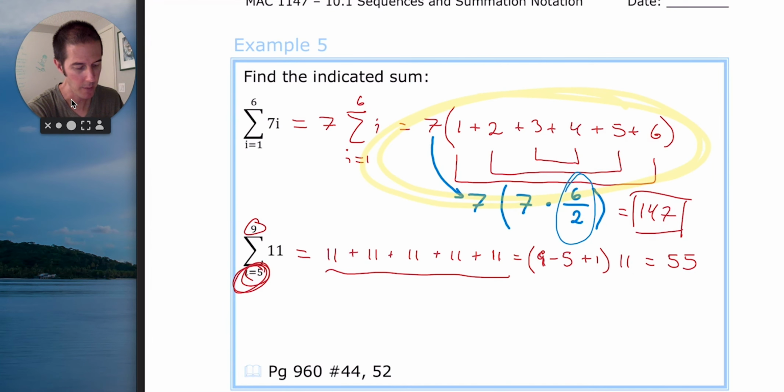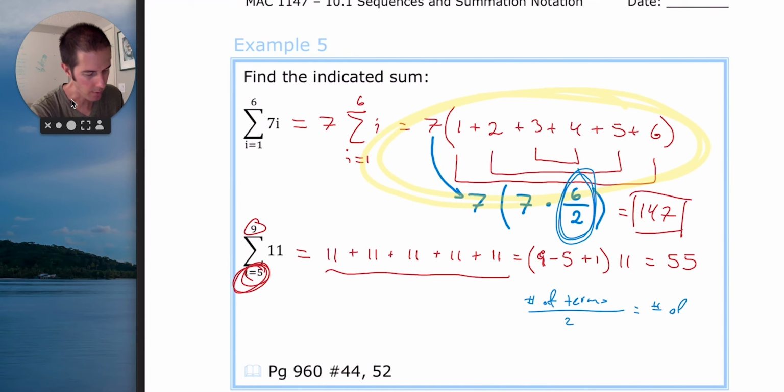So that ended up being a 3, right? Number of terms divided by 2 equals number of pairs. Ooh, I like that. I'm going to write that down. Number of terms, plural, divided by 2, and that's equal to the number of pairs.